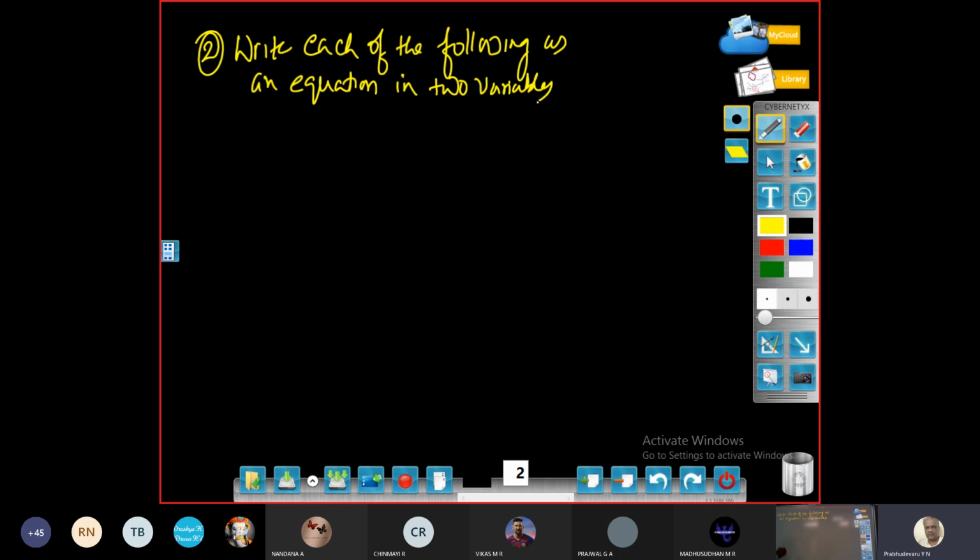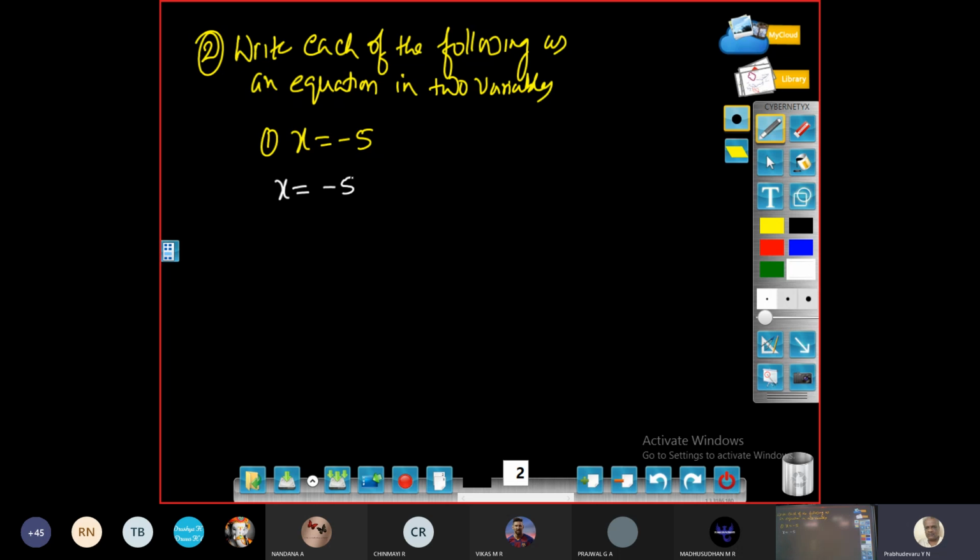First one, x is equal to minus 5. This is the given question, x is equal to minus 5. You have to write this in the form of an equation in two variables, that is in the standard form only. So here we have x is equal to minus 5.